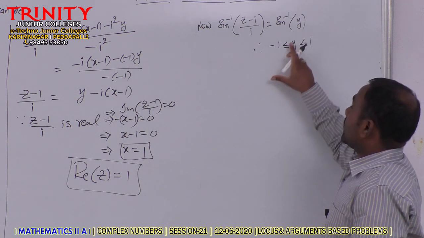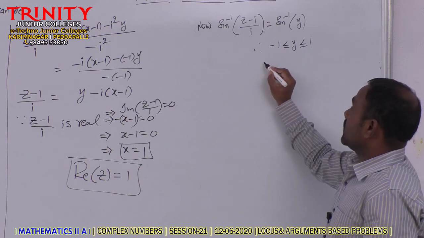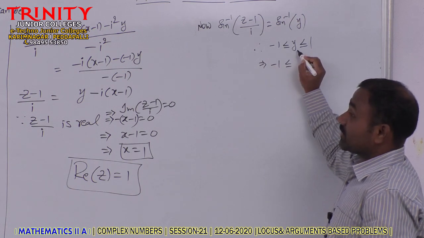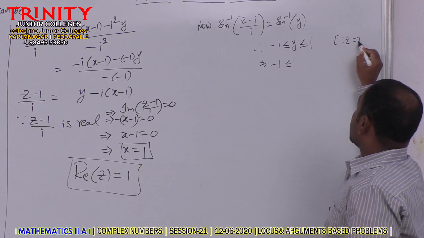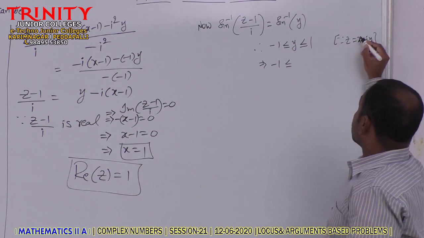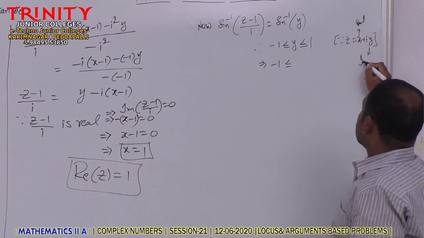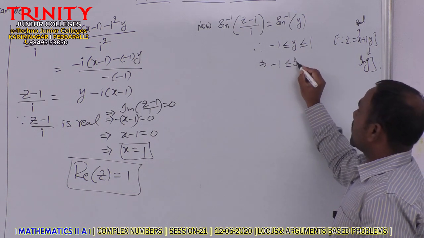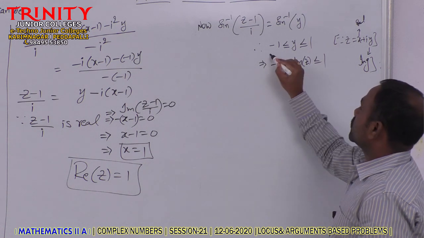That is, y lies between minus 1 less than or equal to y less than or equal to 1. For the complex number z is equal to x plus iy, this is the real part and this is the imaginary part, or not. Therefore, y is nothing but the imaginary part of z, less than or equal to 1.